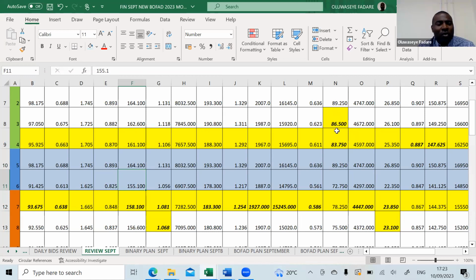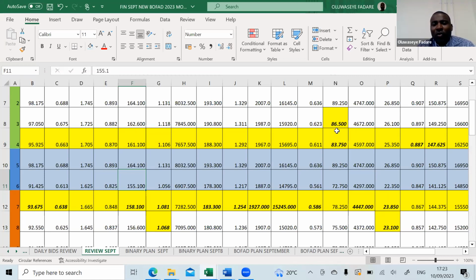And for those that have not activated any position yet from both sides, what that means indirectly is that the market is likely to move to any of the sides. So what we just need to do is, at any point in time, check for the market to move to the first direction, and then it's likely that any direction that the market moves this week from the 10th of September is likely to be the trend for the end of the month.